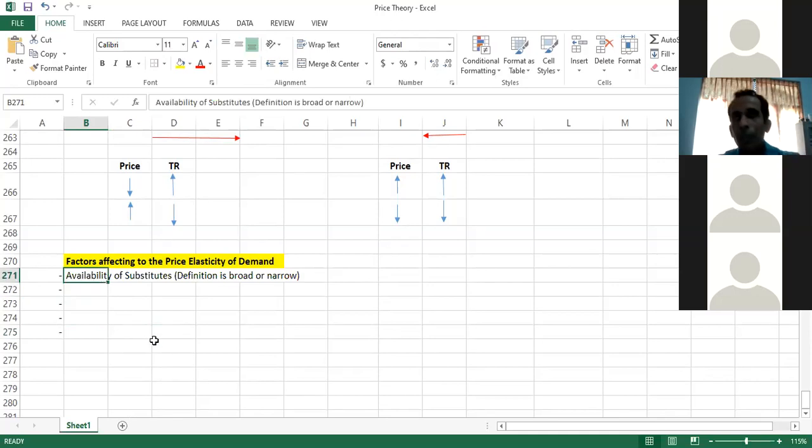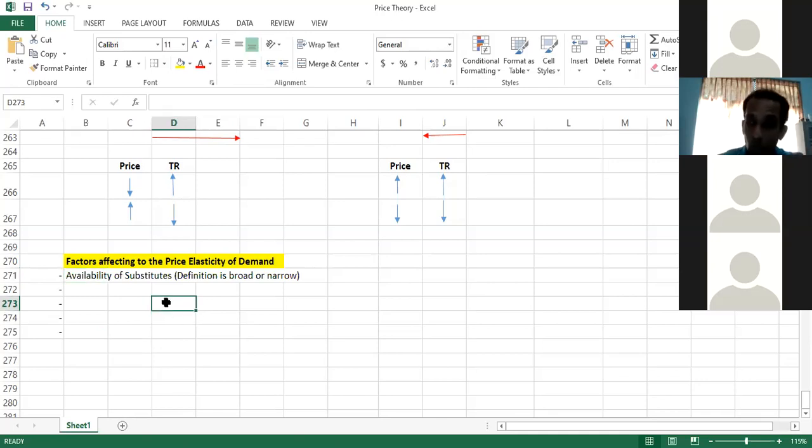For example, when we consider vegetables, the definition is very broad, right? Definition is broad means what? No close substitutes. When we consider vegetables, if all the vegetable prices increase, then what will happen to the demand?